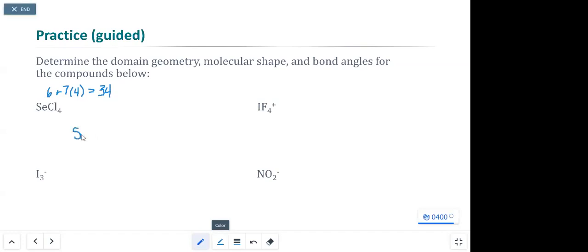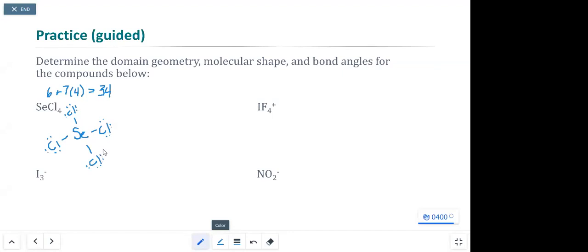So if we draw our simplest Lewis structure, single bonds out to everybody, and we fill out all of the octets for the chlorines, where we're going to end up is each one of these is going to be 8, 2, 4, 6, 8. 8 times 4 is 32.